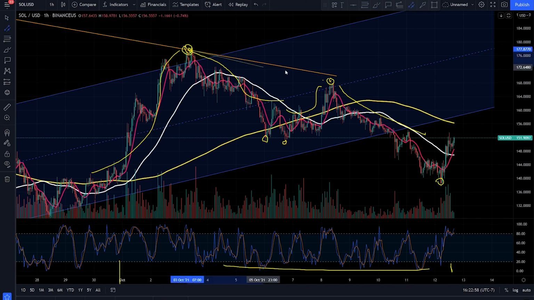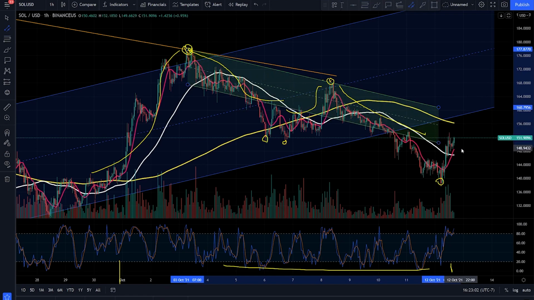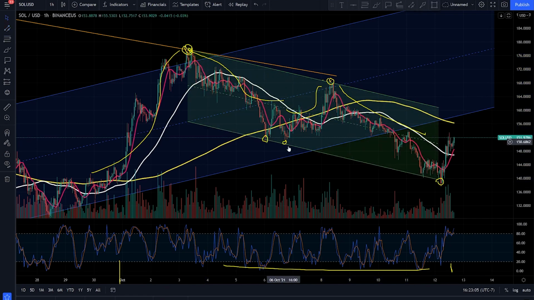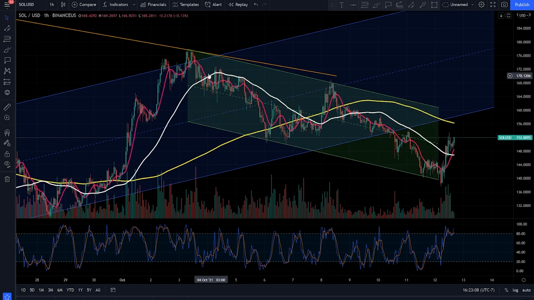By connecting the higher lows and extending that to cover all these lower low points, what we have now is a new downward channel. After Solana broke out of the support of this original upward channel, it is oscillating within this new downward channel.